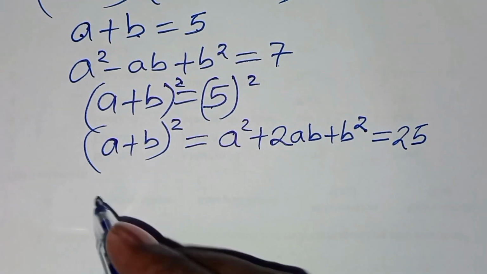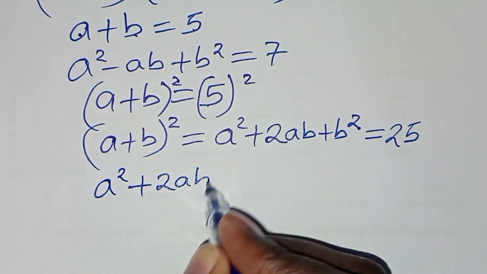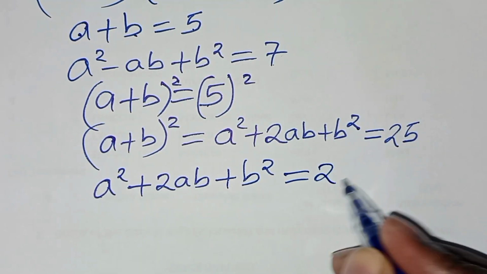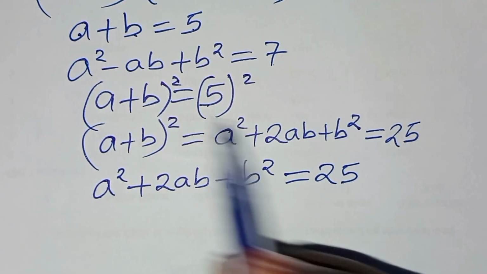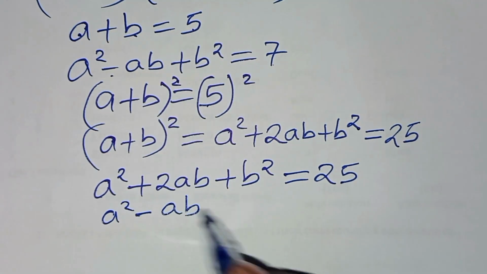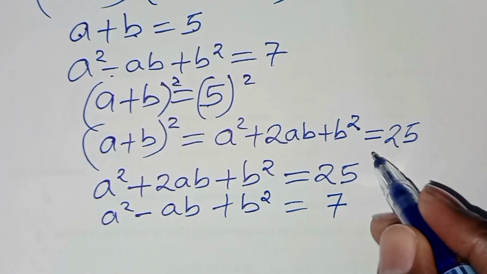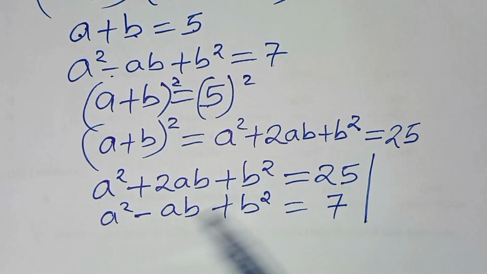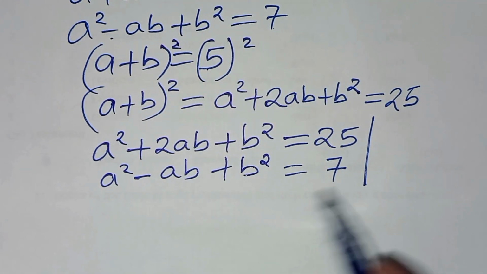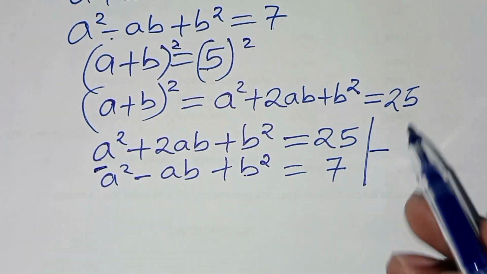So now we have a squared plus 2ab plus b squared equal to 25, and a squared minus ab plus b squared equal to 7. Now we have two equations here, so let's subtract these two equations.